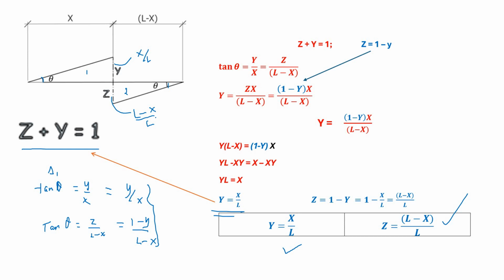So this is how we draw the influence line diagram for a cut made in a simply supported beam at any arbitrary distance x from the left hand side support.